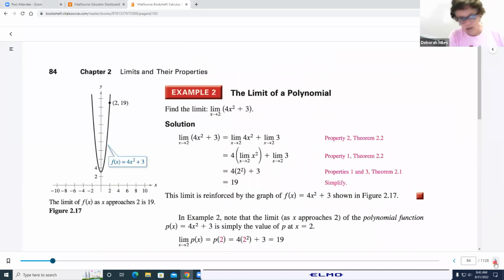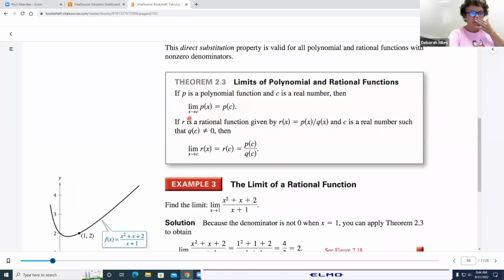What else? 2.3. If p is a polynomial function, this first part's just saying you can use direct substitution to find the limit as x approaches c of some polynomial p of x. Just plug c into the polynomial.